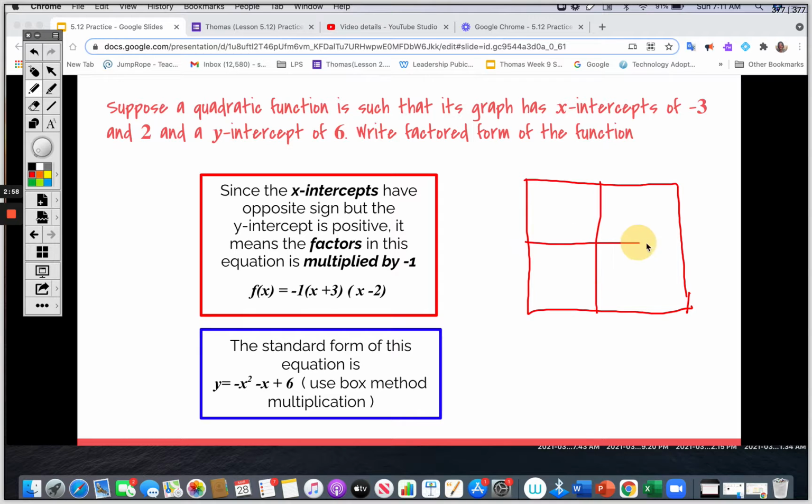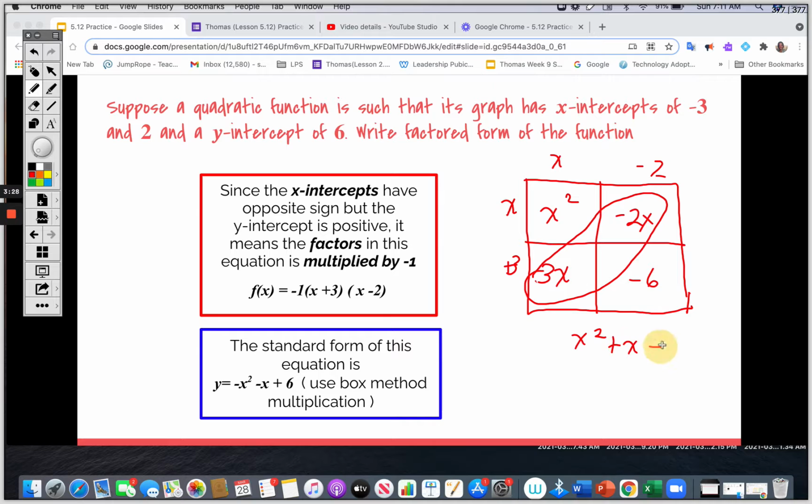Based on the factors that we have, this would be x plus 3, x minus 2. We did that earlier. That's x squared minus 2x. The 3 should be outside. This is going to be 3x, and this is going to be negative 6. So that's x squared, and we're going to combine these two to be a plus x, minus 6.